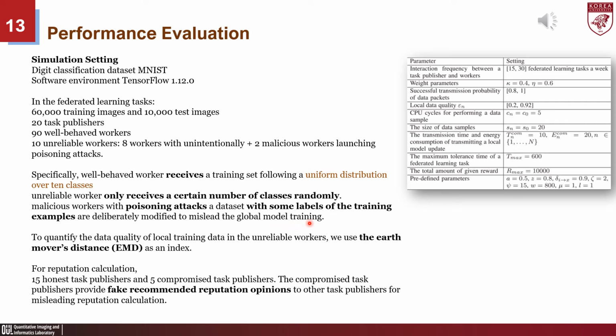To quantify the data quality of the local training data in the unreliable workers, they use the Earth Mover's Distance (EMD) as an index. For reputation calculation, there are 15 honest task publishers and 5 compromised task publishers. The compromised task publishers provide fake recommended reputation opinions to other task publishers to mislead the reputation calculation.